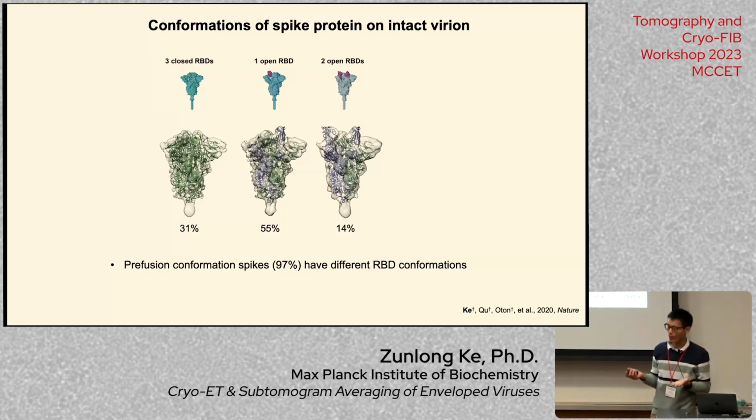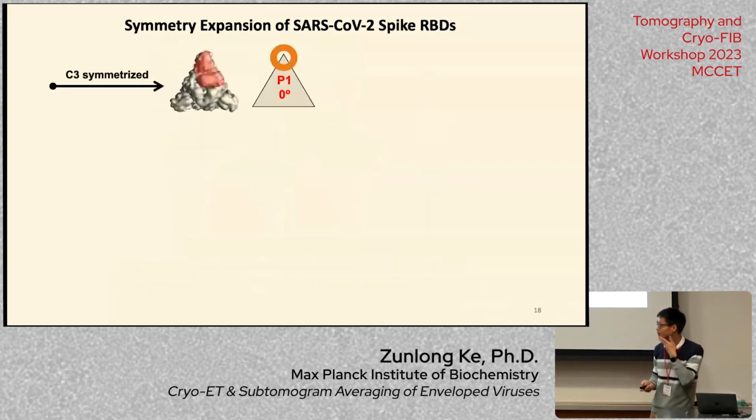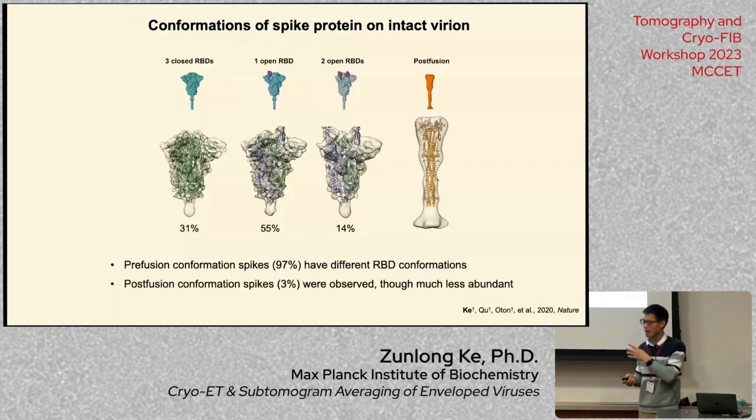So we observed three different conformational states, with 0 receptor binding domains open, 1 up, and 2 up. We also have 3 up, but a very small portion. And then we have also observed another conformation called post-fusion. The post-fusion is essentially the pre-fusion but with the top cleaved and extended away.